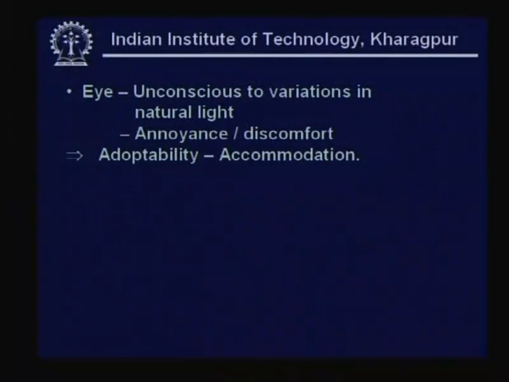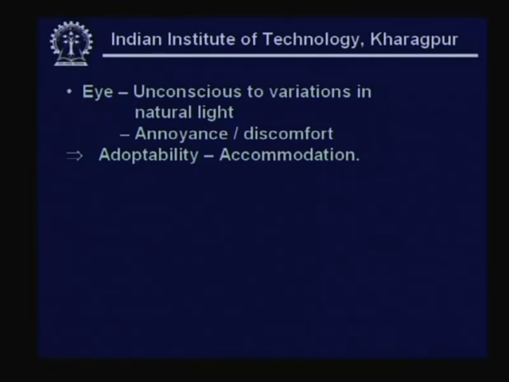All this is possible because the lens, which is crystalline in nature, is controlled by the ciliary muscles, which can change the shape of the lens depending on the illumination level and on the need for your object to be viewed. This ability of the eyes is what scientists call adaptability or accommodation.